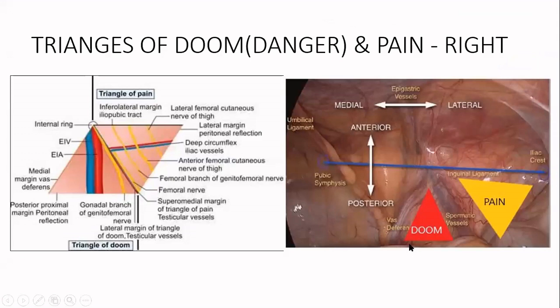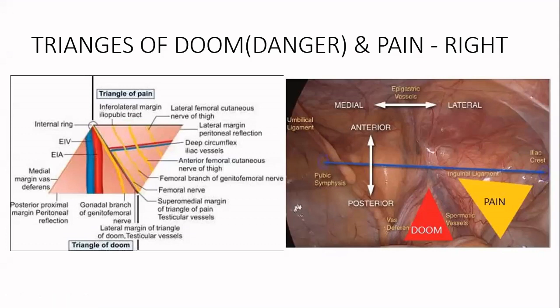Under the inguinal canal, the external iliac vessels become femoral vessels. That is the triangle of doom. You see the vas deferens. We know that place and we are not dissecting down to the femoral vein. If you go there and use the diathermy, with a single activation the femoral vein can get damaged.